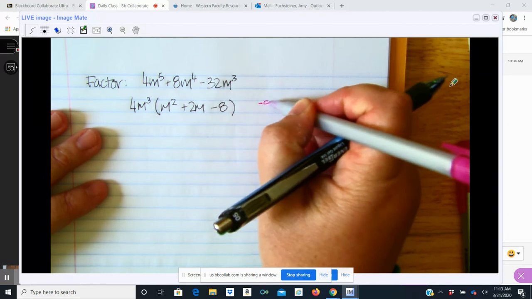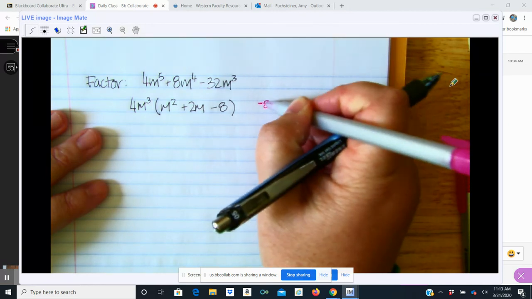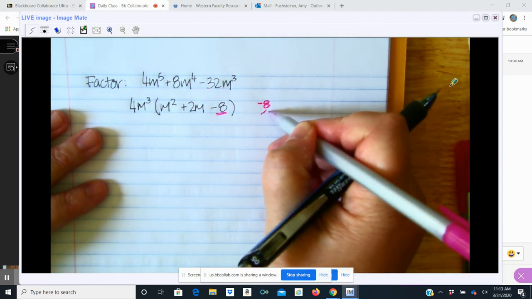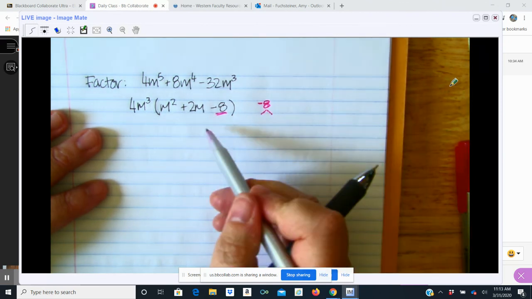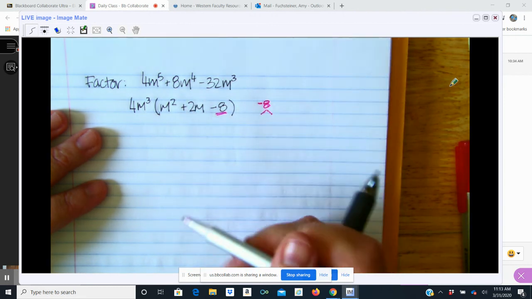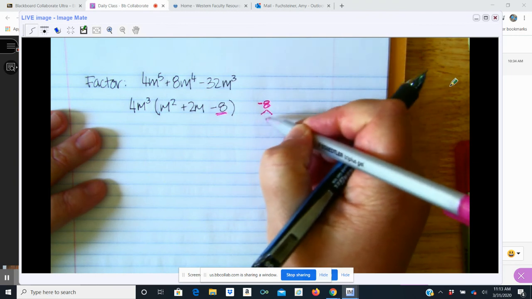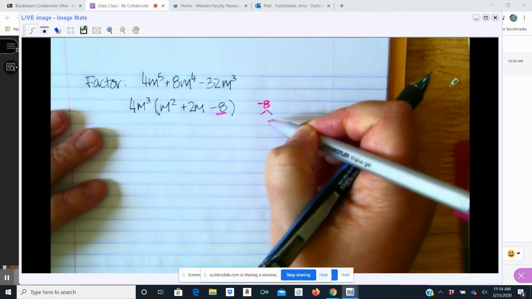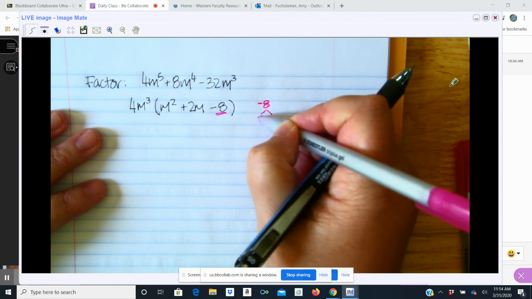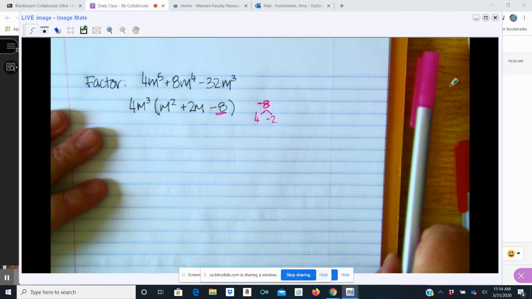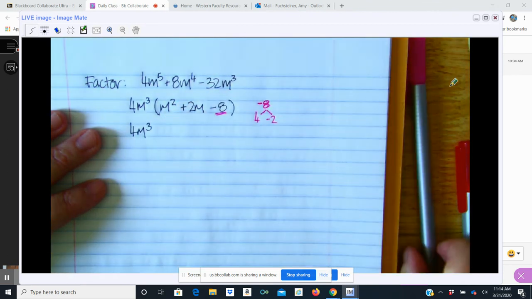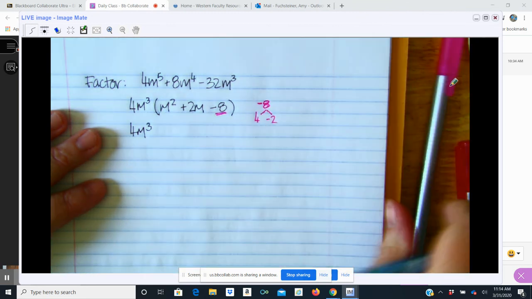So what about a negative 8? What 2 numbers will multiply to give me a negative 8, but when I add them, I get a positive 2? Good, guys. Kind of all at the same time then. 4m cubed. Oops, let me do this.